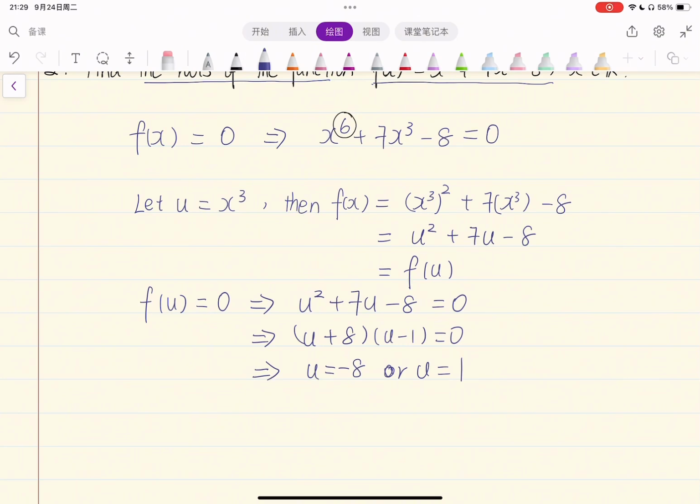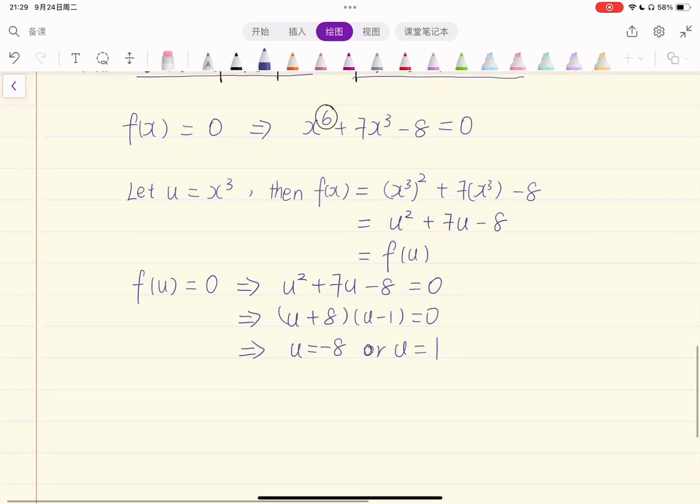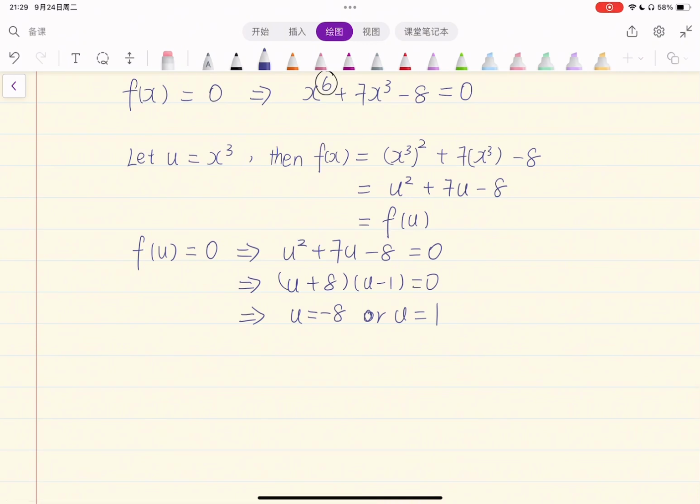But wait a minute, we cannot stop here because it asks for the roots of the function f(x). We need to find the values of x, not the values of u. So to get the value of x, if u equals minus 8, it implies that x cubed equals minus 8.